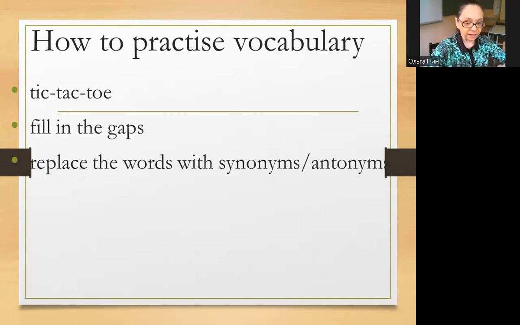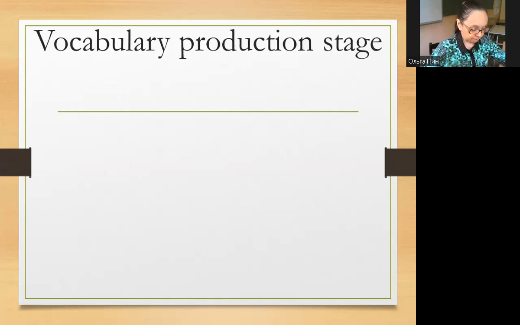When you've written, exchange copybooks with your partner and have your partner guess the word. And then check, right? The same with synonyms or antonyms. So this is for practice.